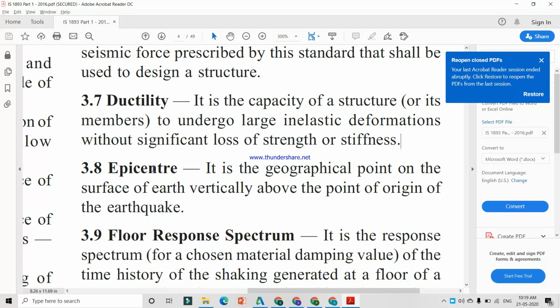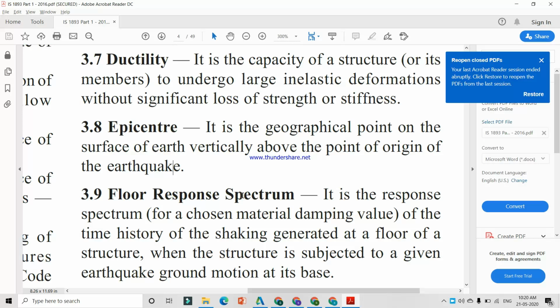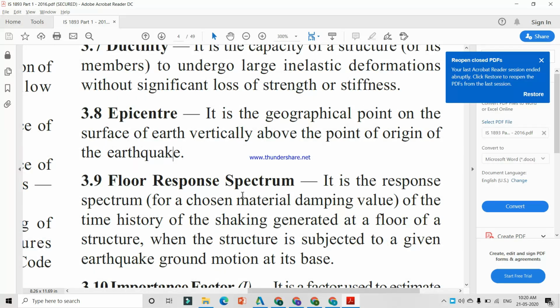What is the epicenter? The epicenter is a geographical point on the surface of the earth vertically above the point where the earthquake is generated. It is the point of origin of the earthquake. The next is the floor response spectrum.